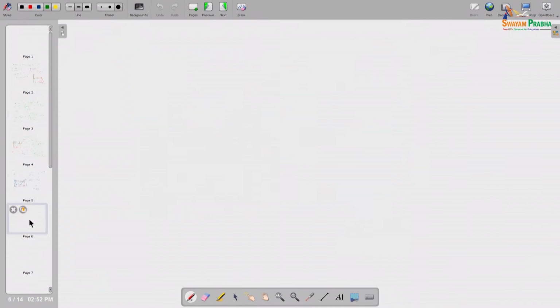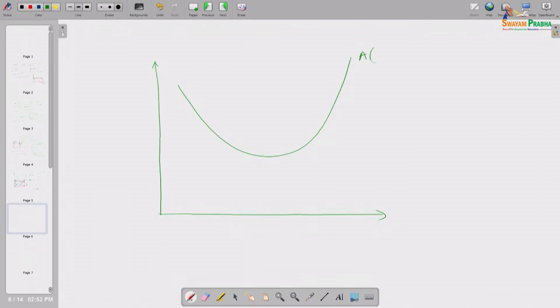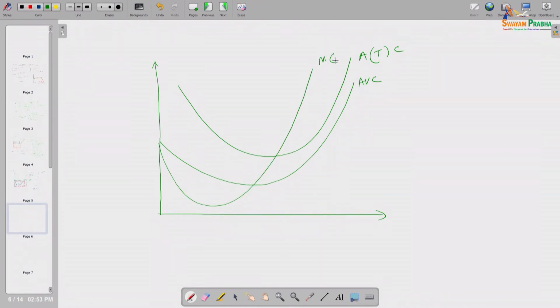Let us go to another new diagram. Suppose this is the case: the average total cost curve, the average variable cost curve, the marginal cost curve, and average revenue, identical with price, equals marginal revenue.